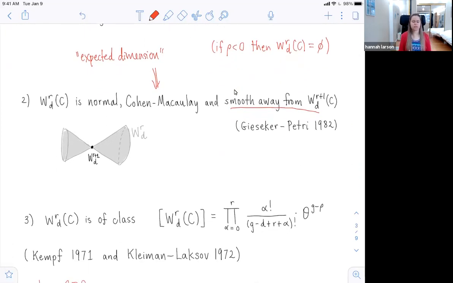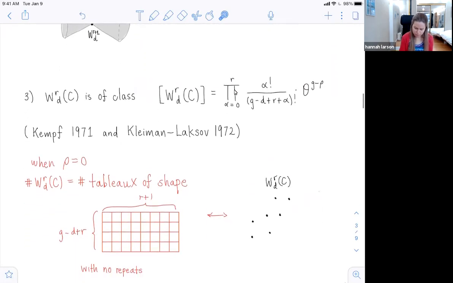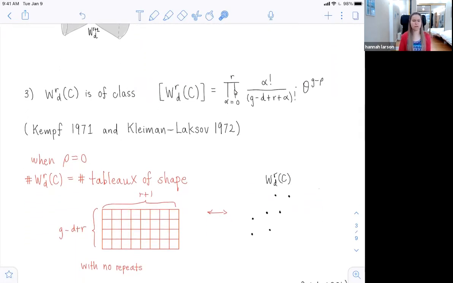Third, the class of W^R_D in the Picard variety is a multiple of a power of the theta divisor. This formula was computed independently by Kempf and Kleiman-Laksov. And knowledge of this class actually tells us how many points are in W^R_D in the case when it has dimension 0.